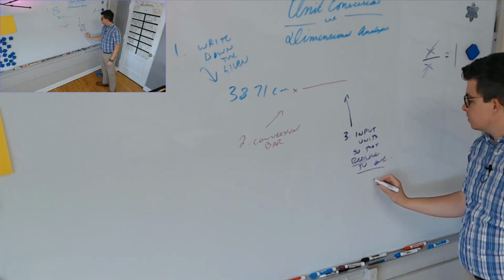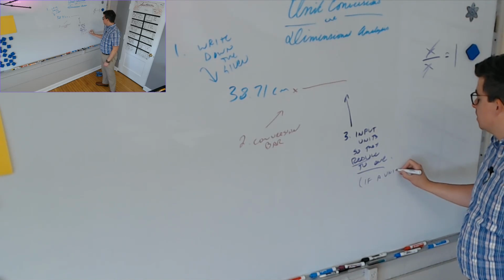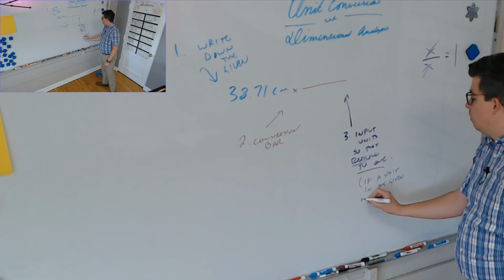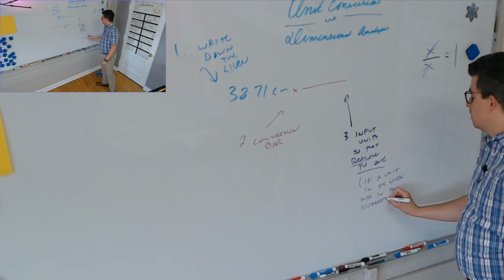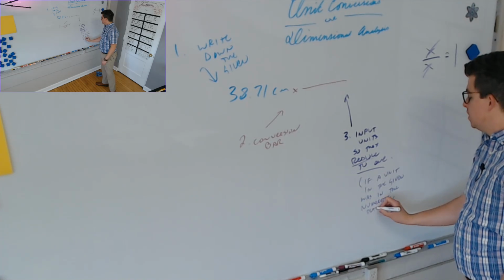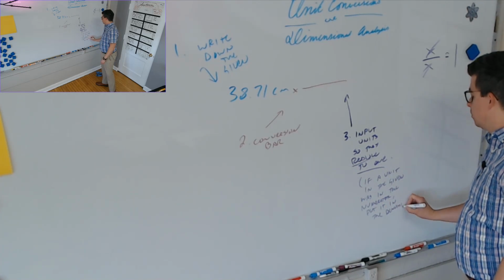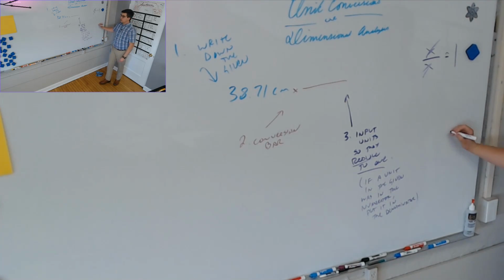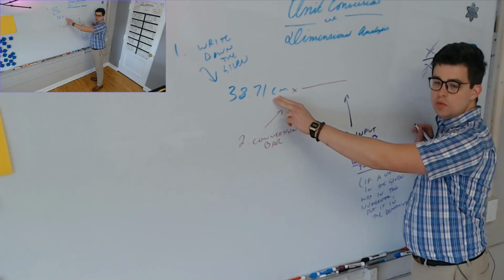Meaning, if a unit in the given was in the numerator, put it in the denominator. Are you familiar with these terms for fractions? So the unit that I was given, it's not written here, but is this in the numerator or the denominator?